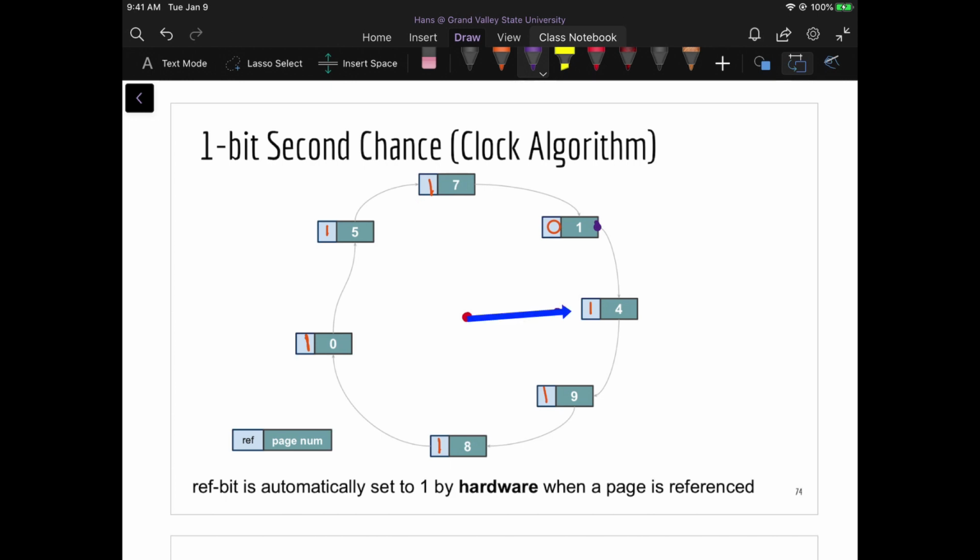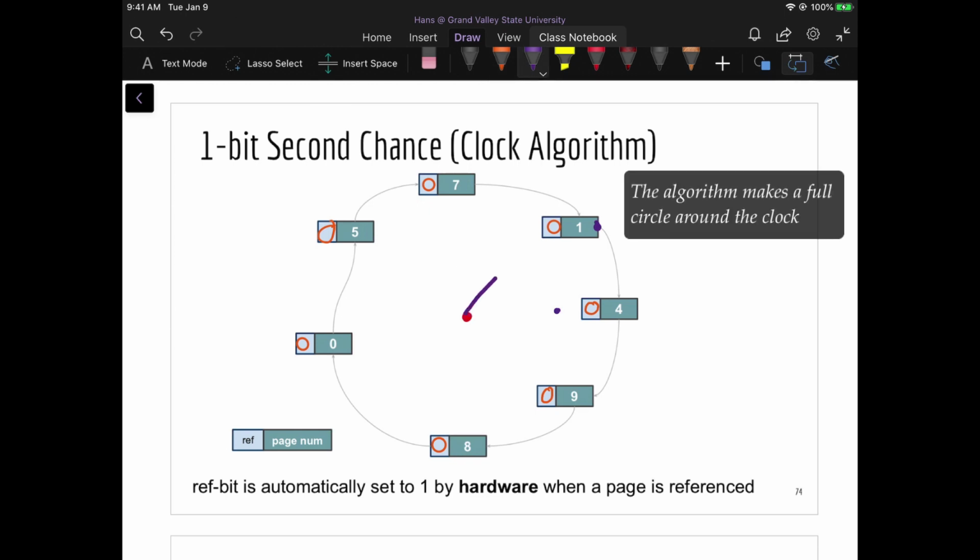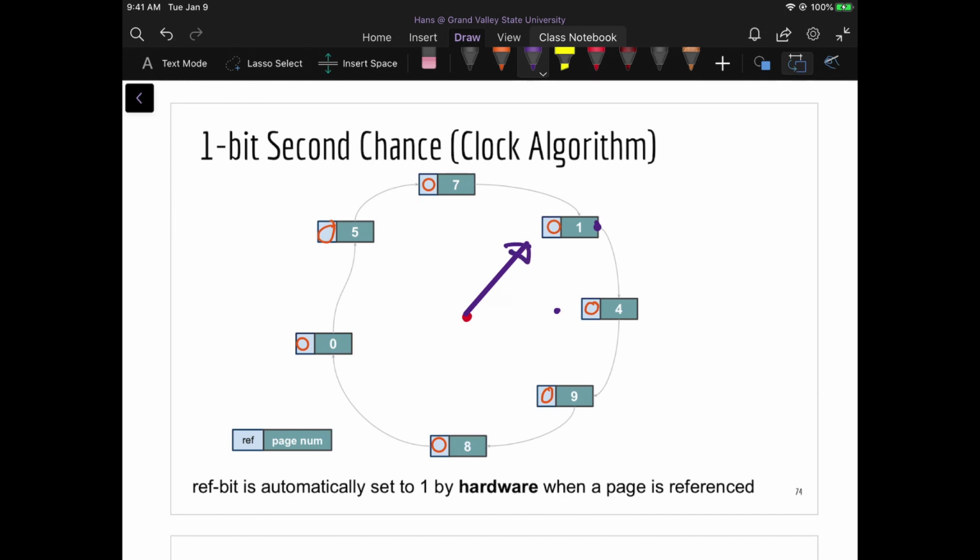Continue to this page and reset the reference bit to 0, continue to the next page, reset to 0, and so on, and finally the clock hand is back to that page.